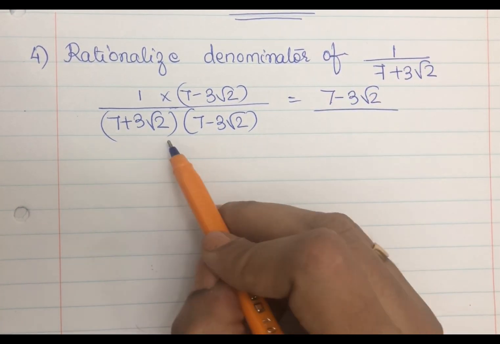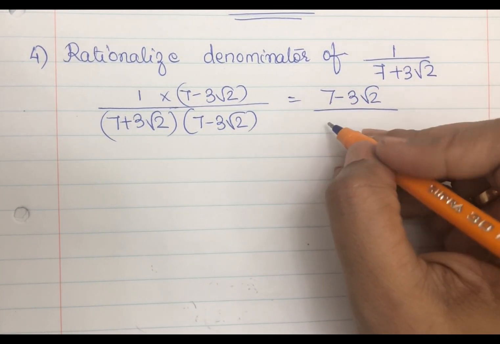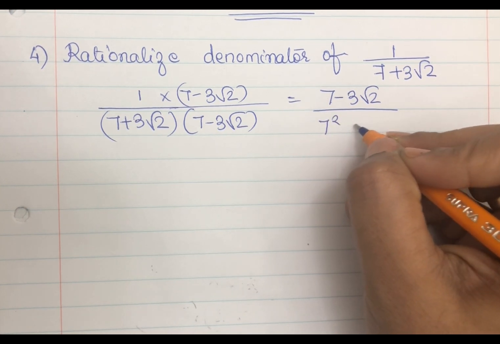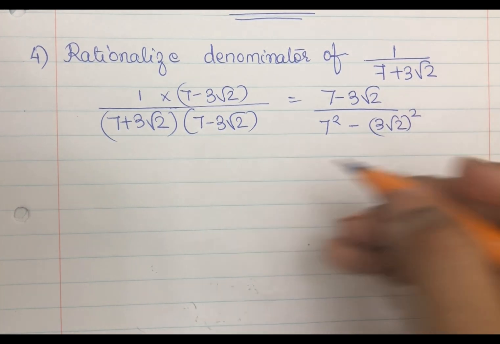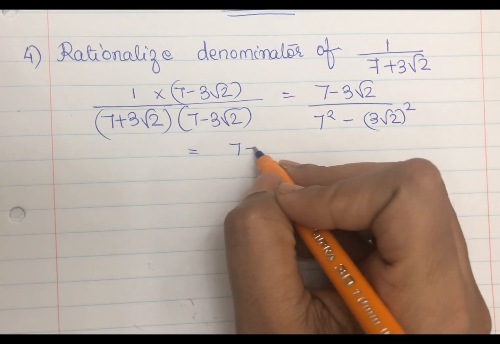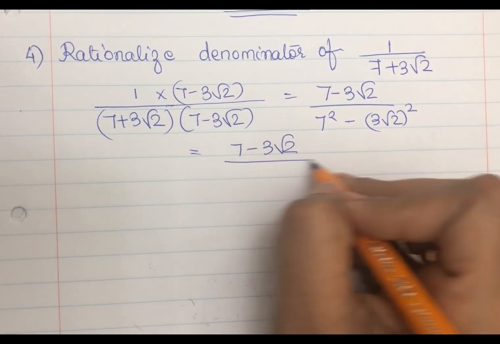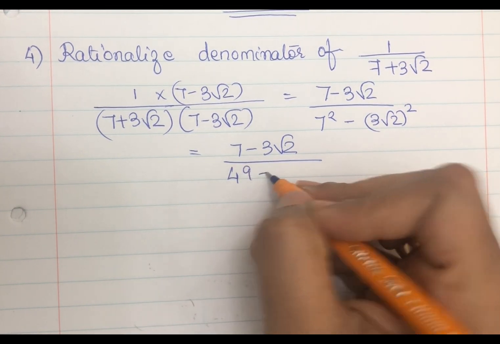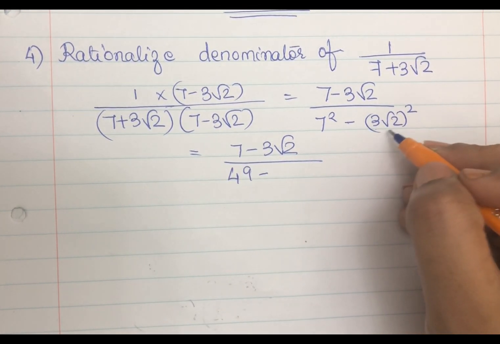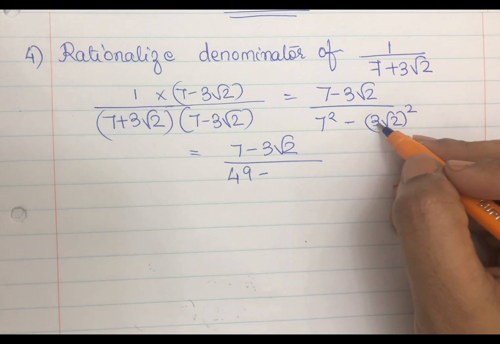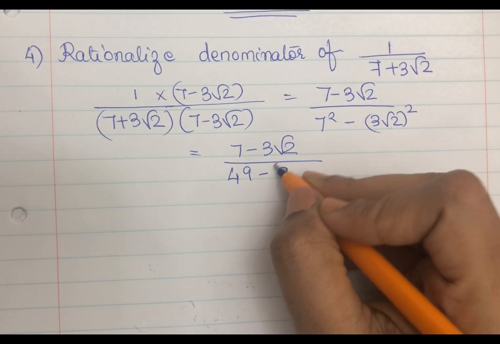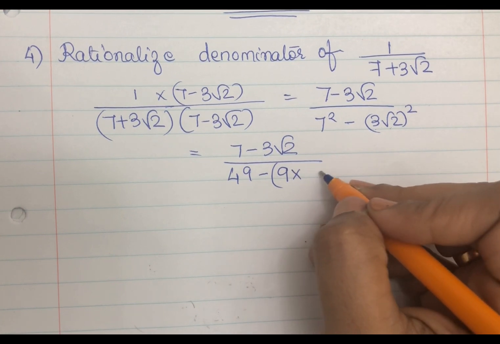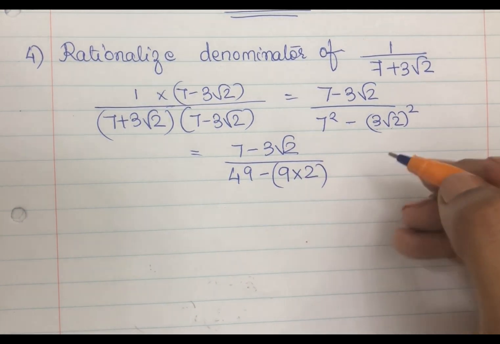And here, a plus b into a minus b is a square minus b square: 7 square minus 3 root 2 the whole square. So it will be 7 minus 3 root 2 by 7 square, 49, minus, what is 3 root 2 square? 3 square and root 2 square. 3 square is 9 and root 2 square is 2.